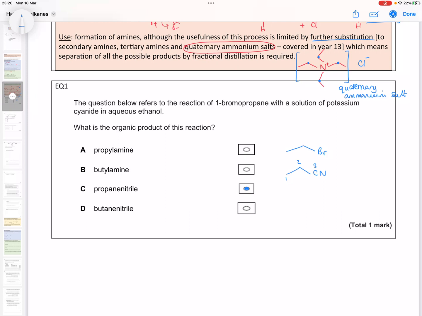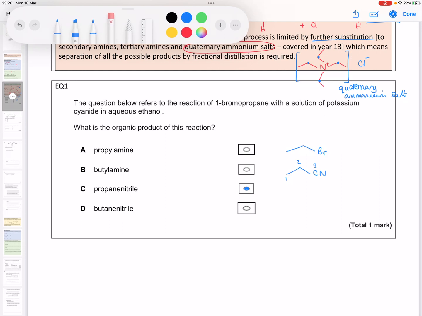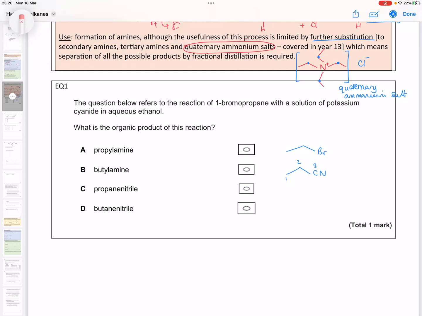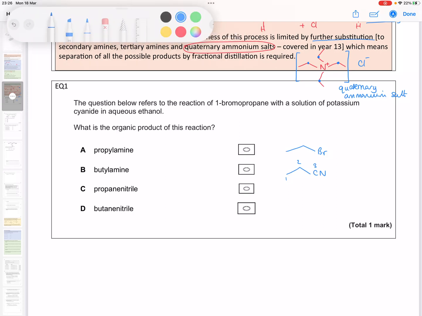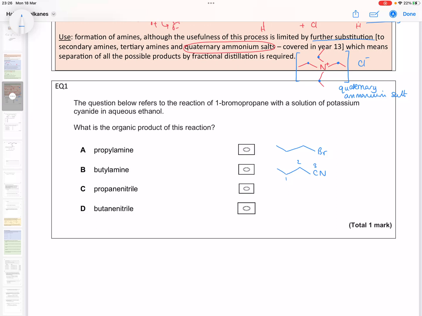Let's have a look. Oh, hang on a minute. I do apologise, I've misread the question. We're starting with 1 bromopropane, and I've drawn bromoethane, so let's try again. It's 1, 2, 3, 4.